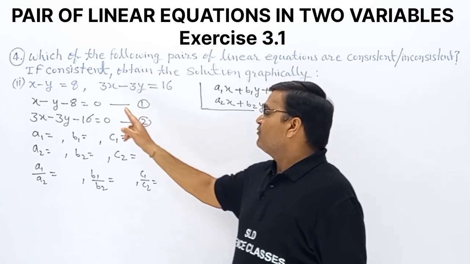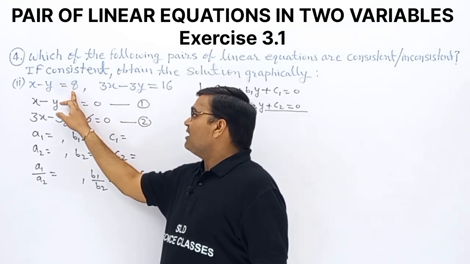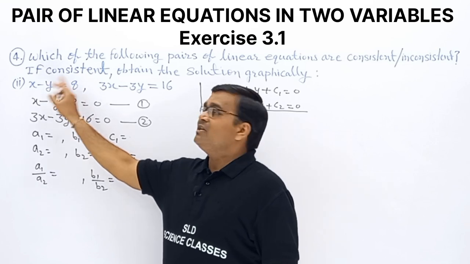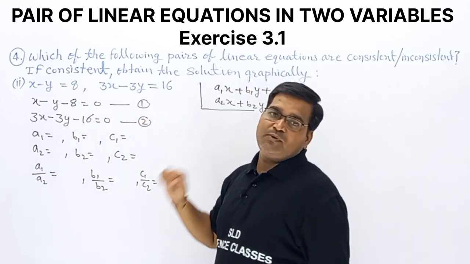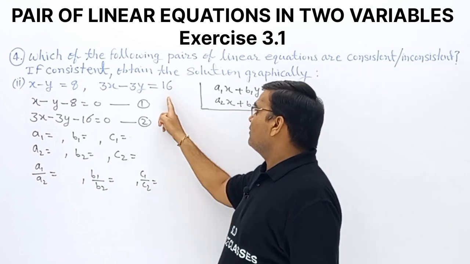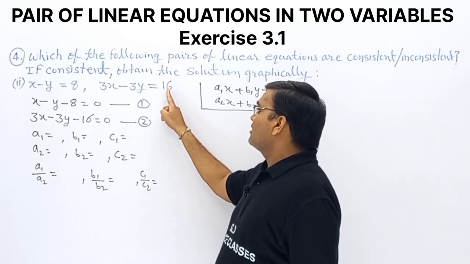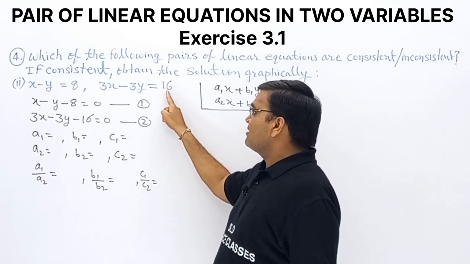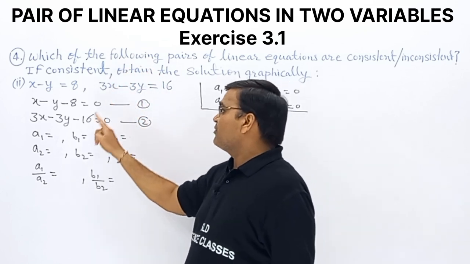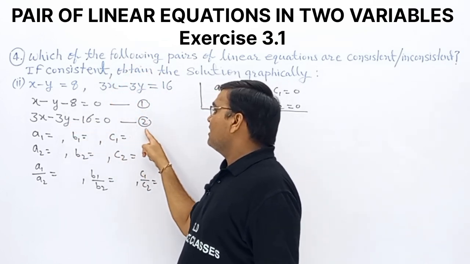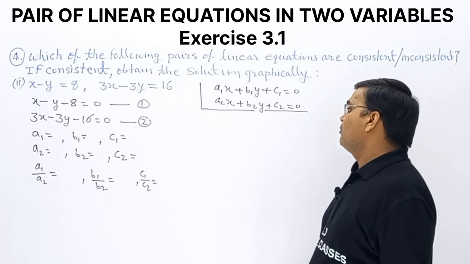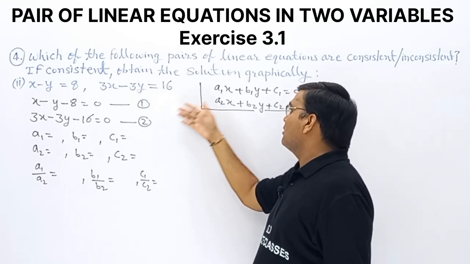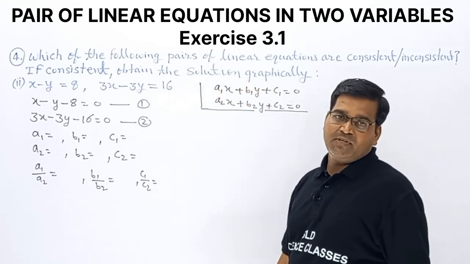We will transpose this 8 from the right side to the left side, then we get equation number 1. In the second one, same, we will transpose 16 from the right side to the left side, then we get equation number 2. This is the general form, and now we compare these two equations.